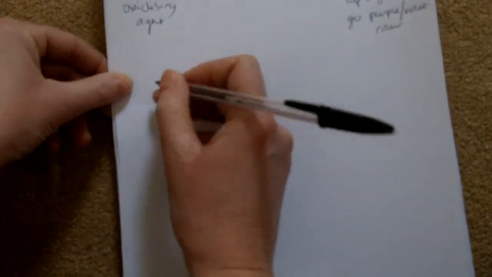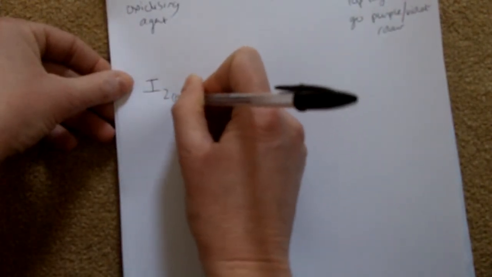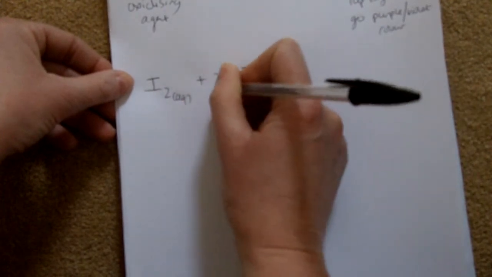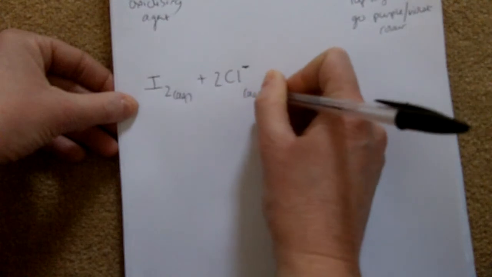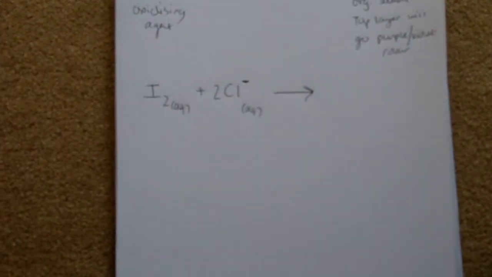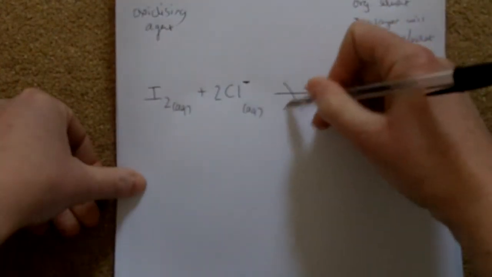What about this reaction here? Let's try iodine in solution plus chloride, like sodium chloride, and put those two together. What's going to happen? Nothing's going to happen.